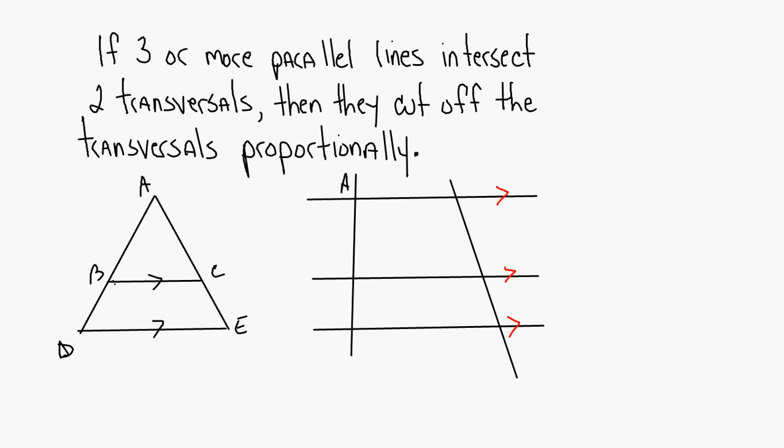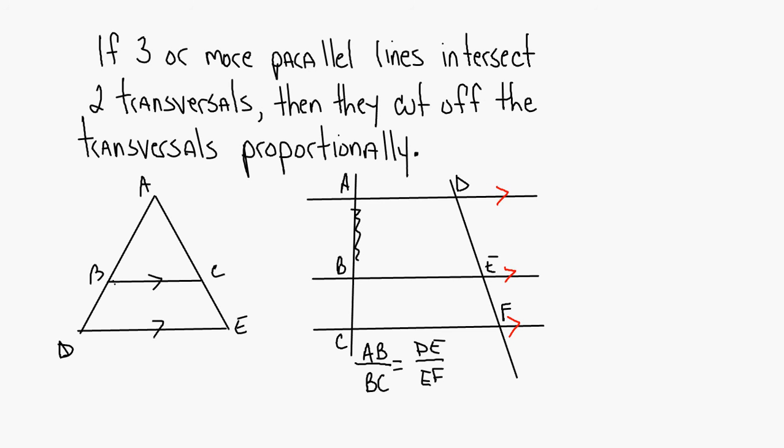If this is ABC and this is DEF, alright, then this piece right here, AB, over BC, is going to be equal to this piece, DE, over E to F. Okay?